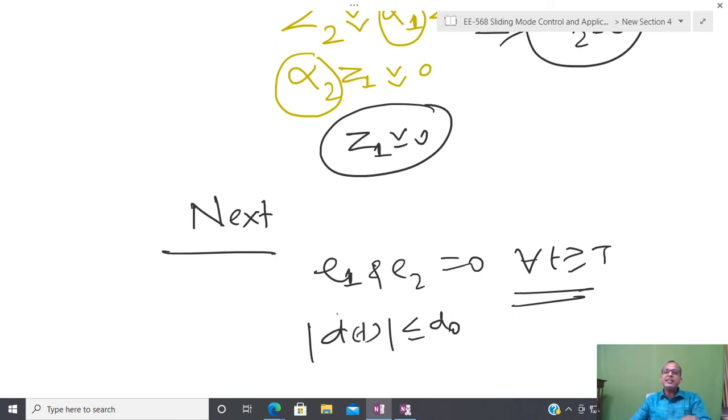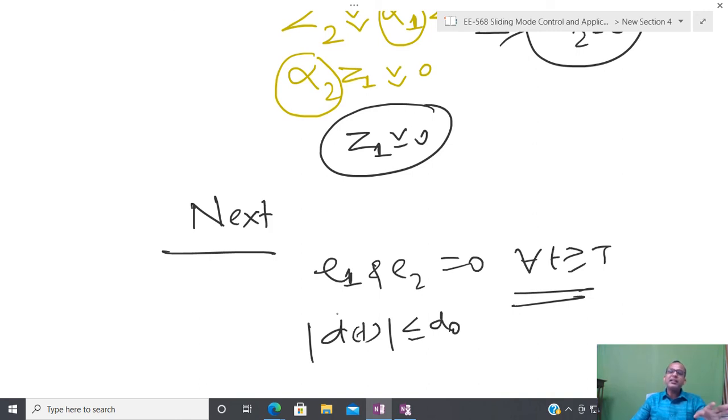If the system is linear, then using the Kalman test, first we check whether the system is observable or not. If the system is observable with respect to some state, then with the help of that state, I can design the Luenberger observer. But what is the difficulty of the Luenberger observer? If I have certain kind of disturbance, then using the Luenberger observer, I cannot exactly estimate the other states.